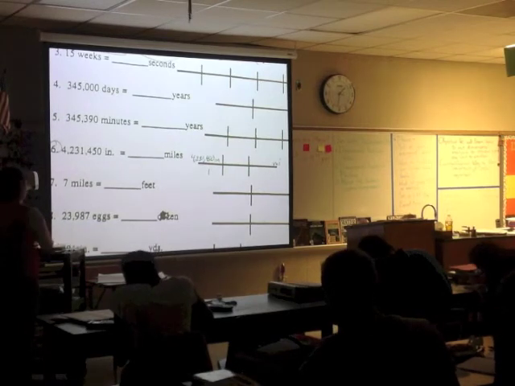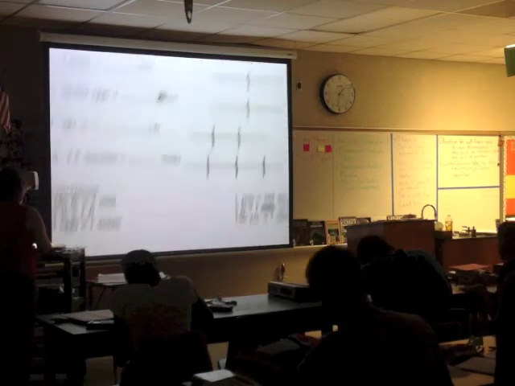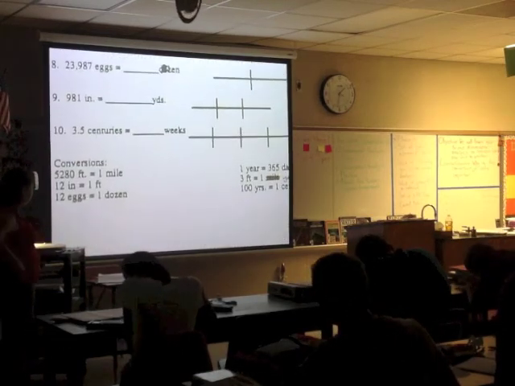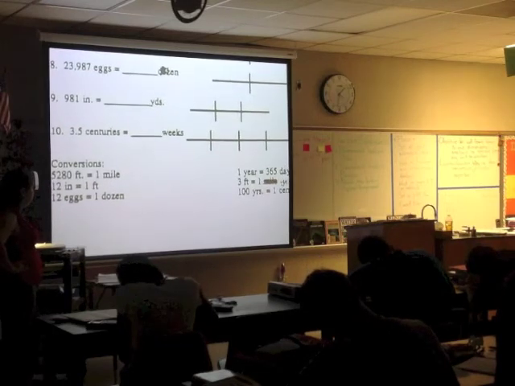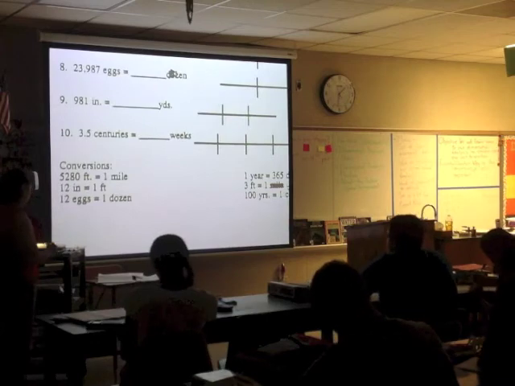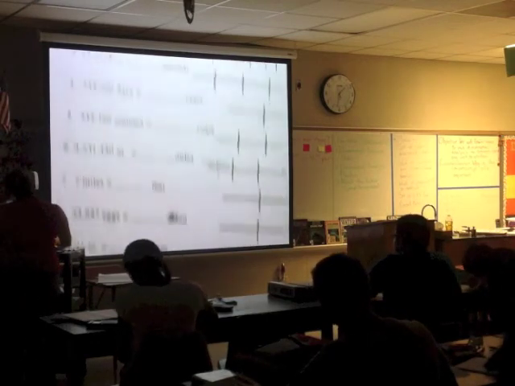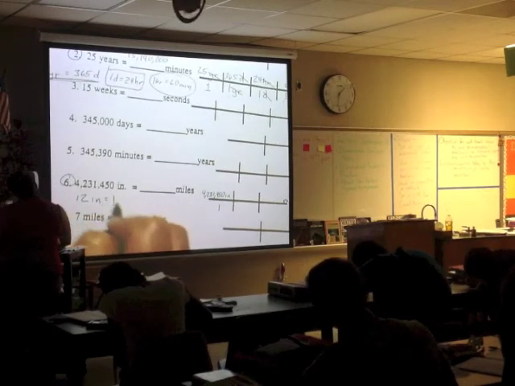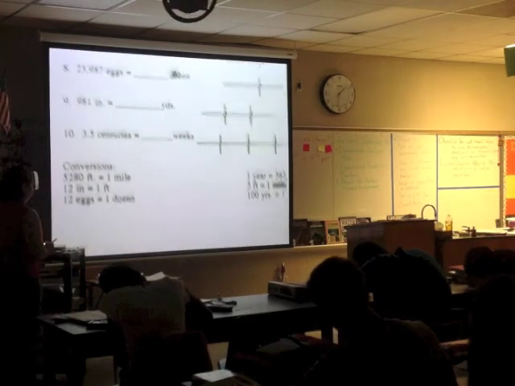Okay, so what conversions do I need? If I look down here, I know I'm going from inches to miles, right? So is there anything on here that includes inches or includes miles? So I have 12 inches equals 1 foot, so that might help, right? So I'm gonna write that down. 12 inches equals 1 foot. Anything else that might help me?